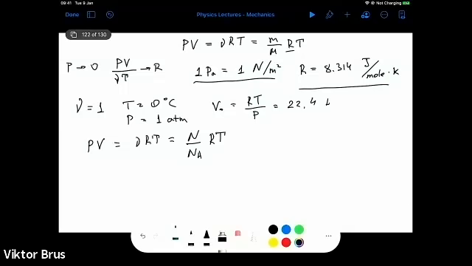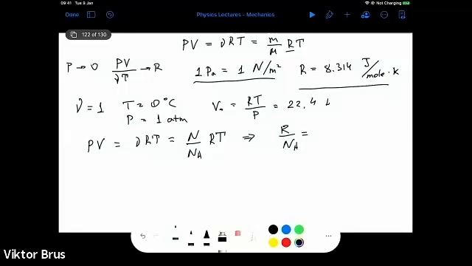So if from here we substitute the ratio R divided by Na, the Avogadro's number, so we have ratio between two constants, universal gaseous constant and Avogadro's number, we get another constant, which is a very important constant and goes beyond molecular physics.